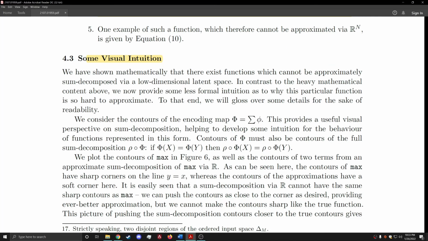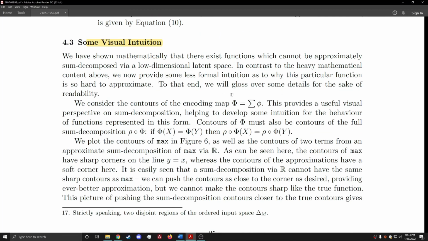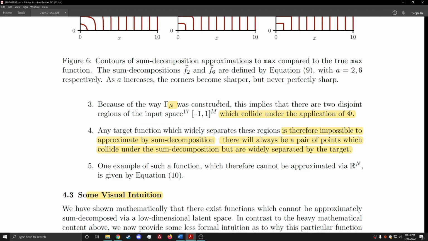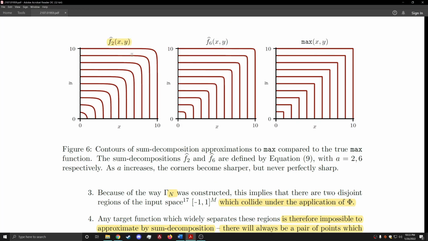We go into the visual intuition. I'm going to be honest, I feel like this didn't help me so much, but I'll go through it. Basically what they're saying is, we go back up. If we look here, these are going to be contours of the max function. And as we look at the true max function, along the y equals x line, it's going to have these right edges.